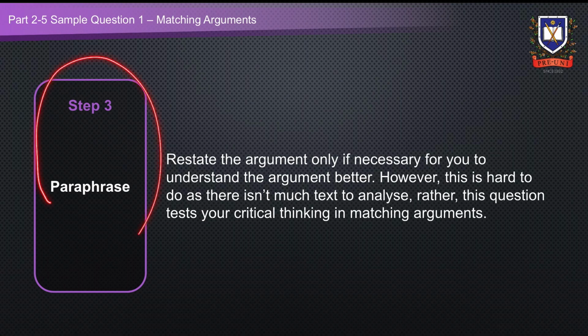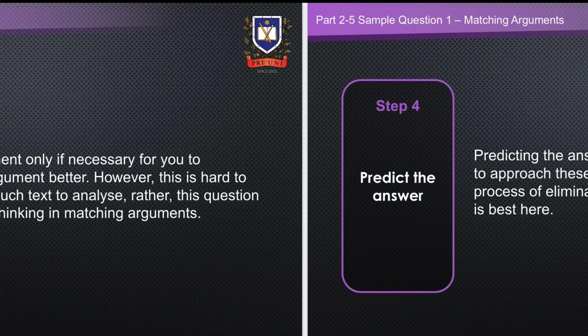Next, paraphrase the argument if you need to understand the argument better. However, this question does not require paraphrasing as the premise set is clear. There isn't much text to go by, considering this tests more of your critical thinking in matching the arguments.